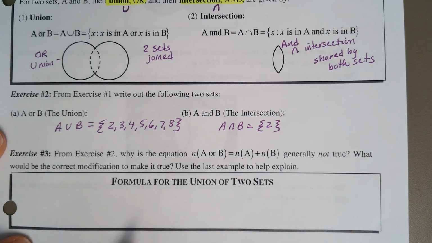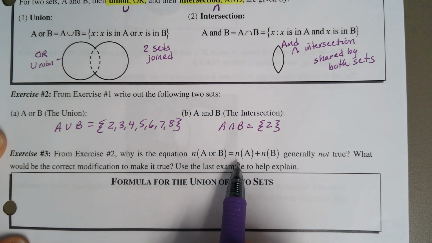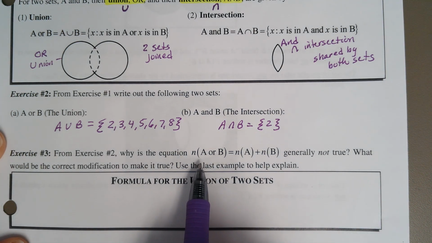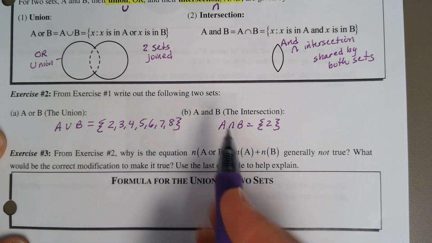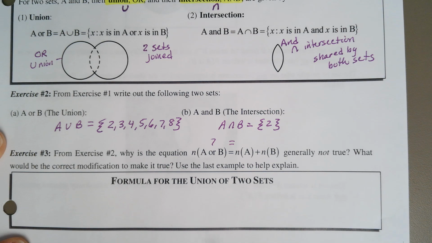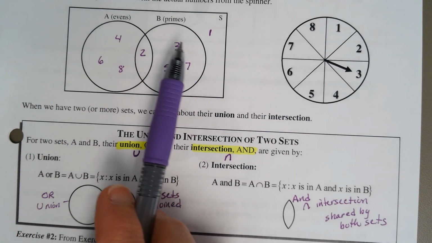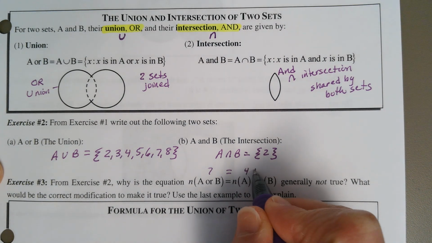From exercise number 2, why is the equation the number of elements in set A or B equal to the number of elements in A plus the number of elements in B generally not true? Well, let's see, the number of elements in set A or B, that's 7, right? Does that equal the number in set A, 4, plus the number in set B, 4 plus 4?